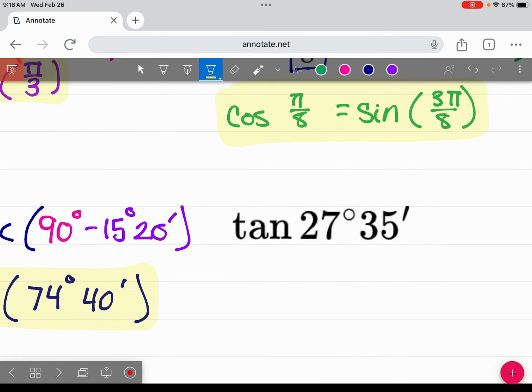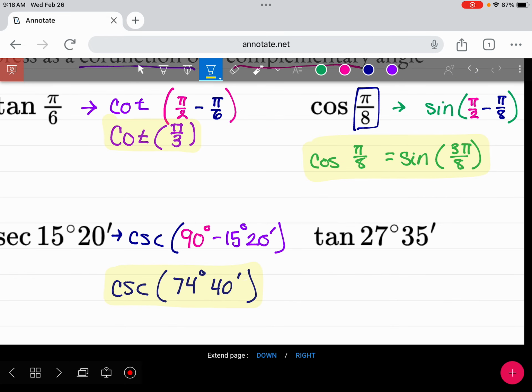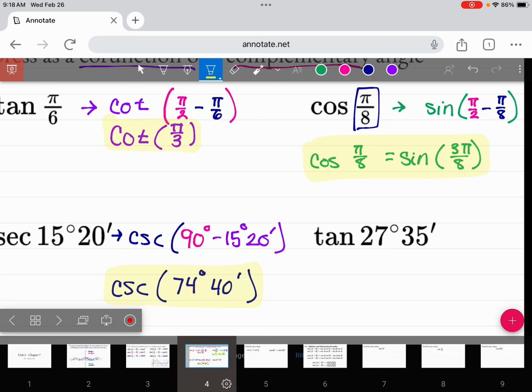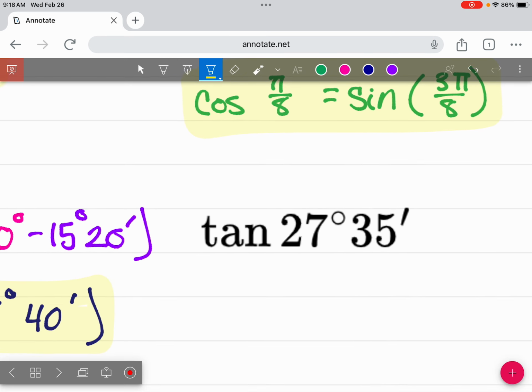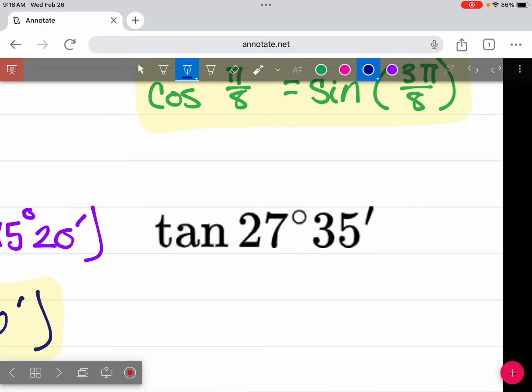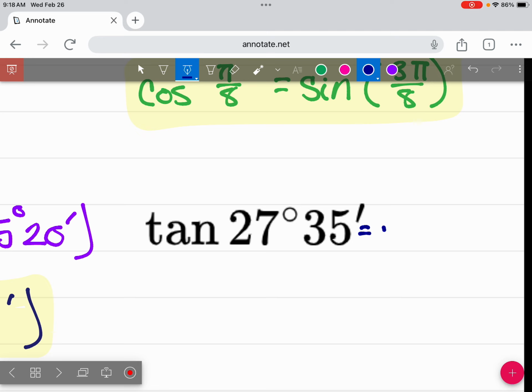And then our last one on this page, we've got our tangent of 27 degrees, 35 minutes. Tangent turns into cotangent. So this, our co-function here is going to be our cotangent.